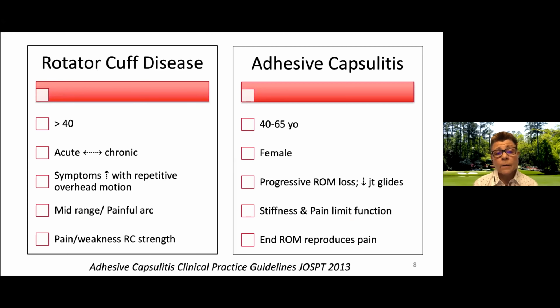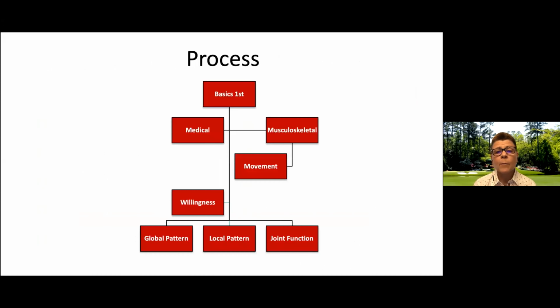So we can take some of the information that the patient gives us, and we know that certain patients typically present with certain pathologies, but we still need to go through our process, which is clarifying that the pain the patient is feeling in the shoulder is from a musculoskeletal, not medical cause, and that it's somehow associated with movement.